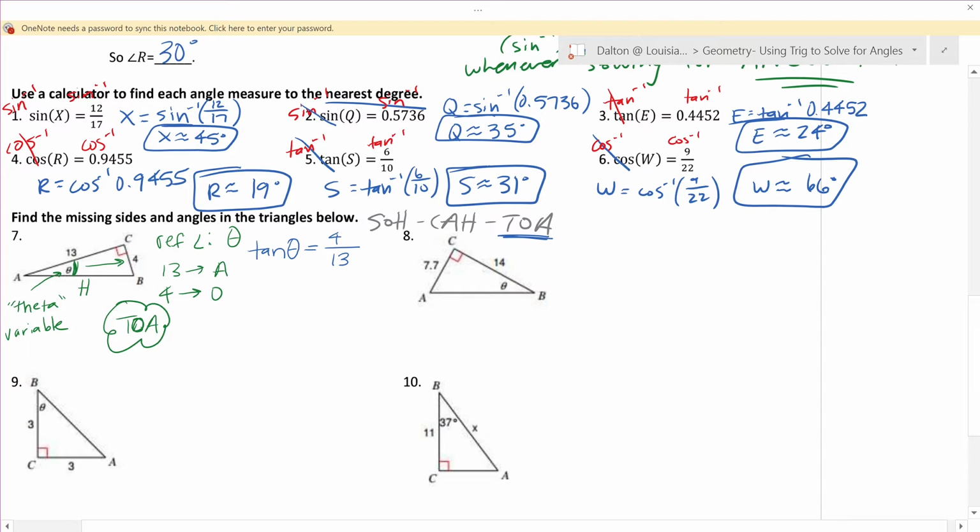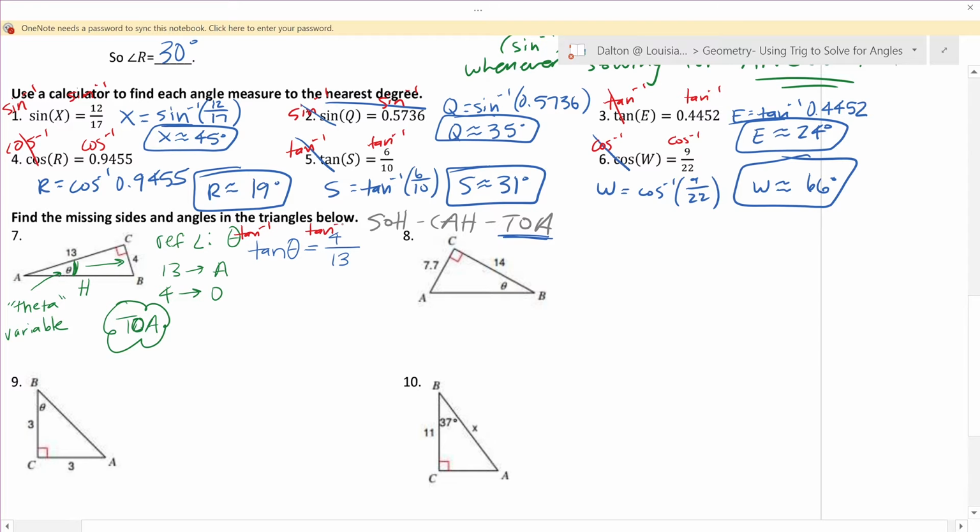Okay, now if you just take a step back at what you've done so far and you look at the problems for 1 through 6, this looks exactly like those problems. The only difference is I have theta instead of a number or a letter from our regular alphabet. So we're going to follow the same steps. If I'm trying to get theta out of that, then I want to take the tangent inverse of both sides, right?